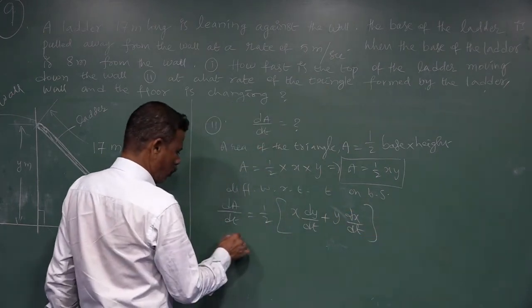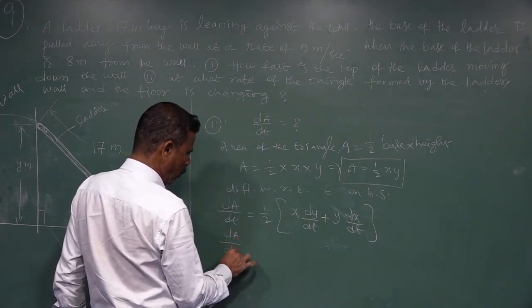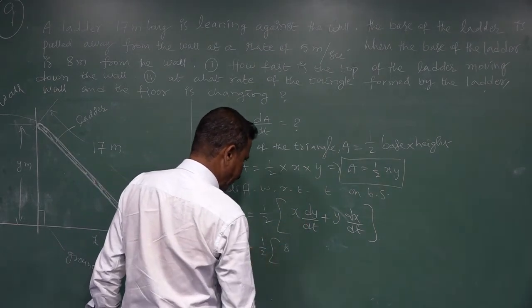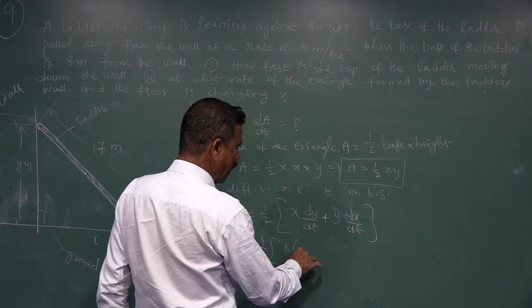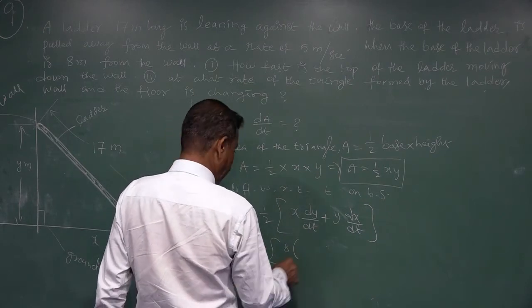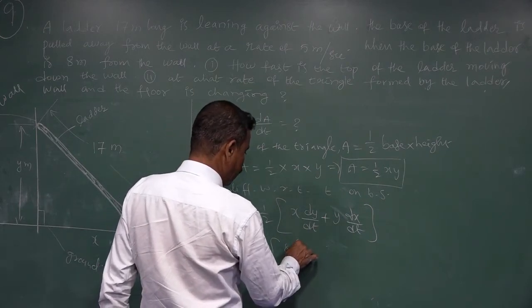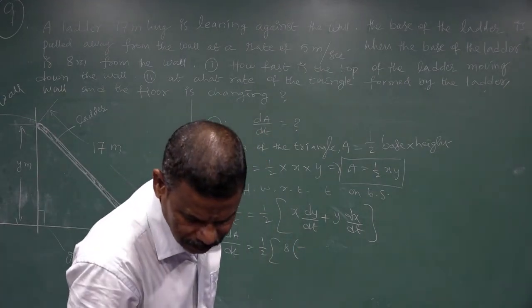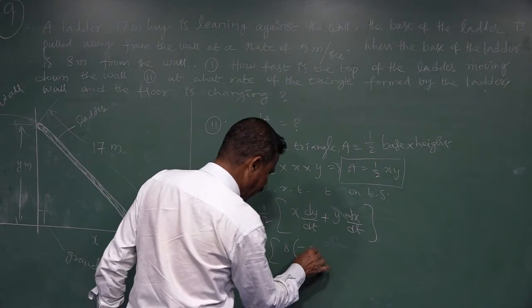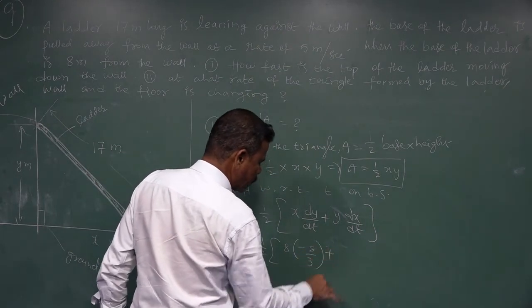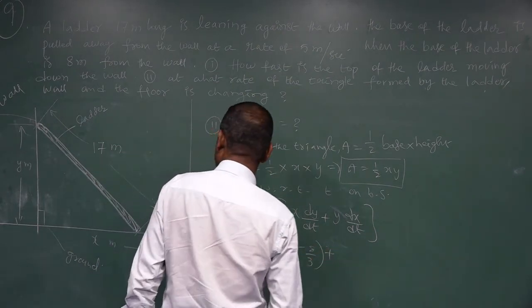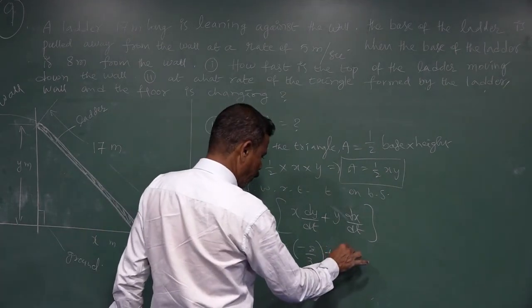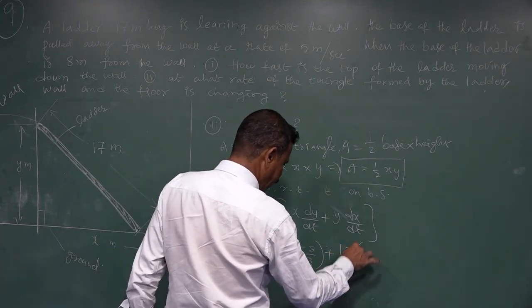Now dA by dt is equal to 1 by 2 into x, which is 8, into dy by dt, which is minus 8 by 3, plus y value 15 into dx by dt.